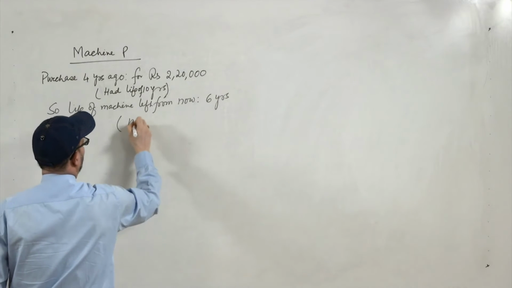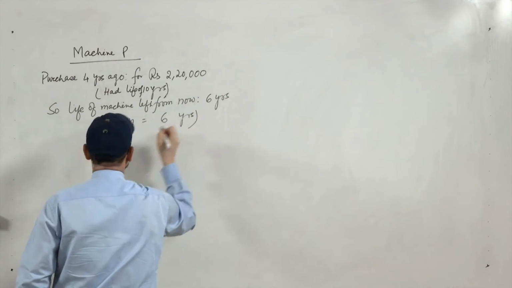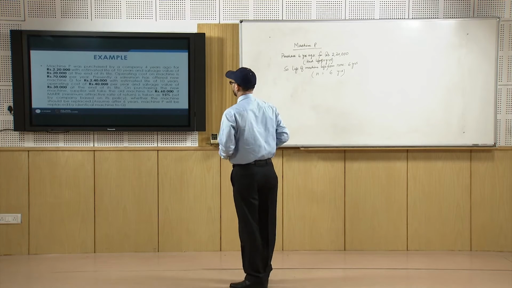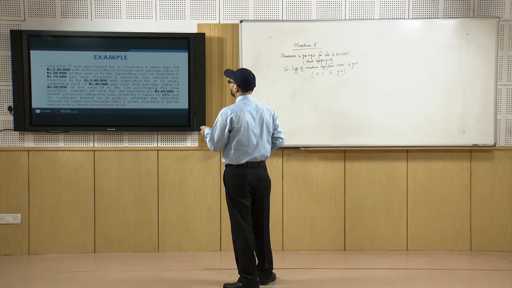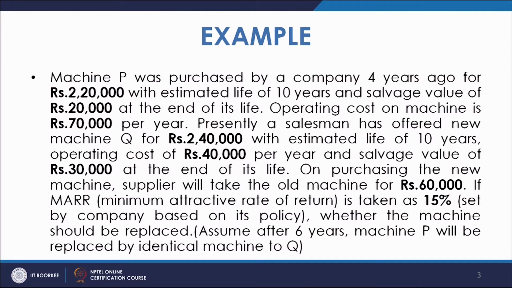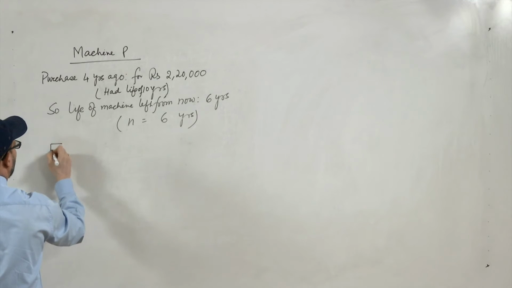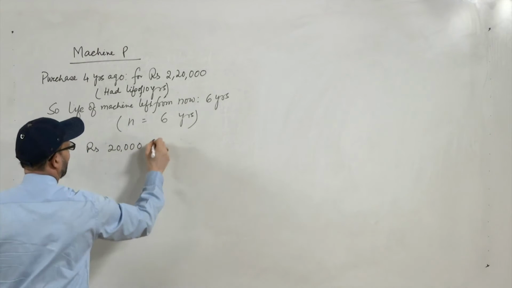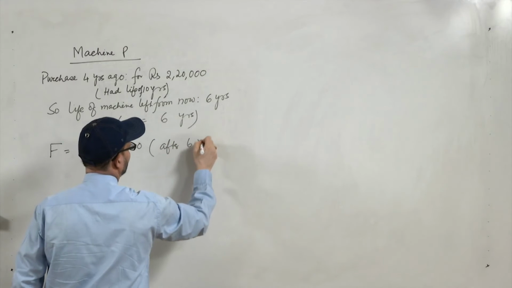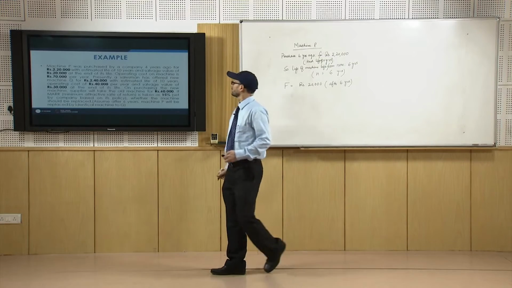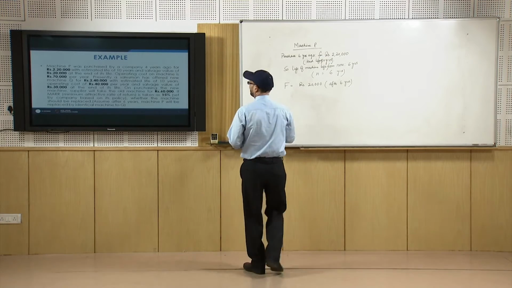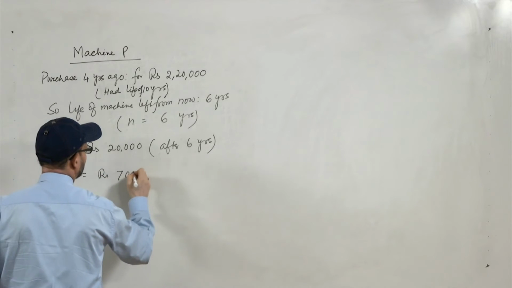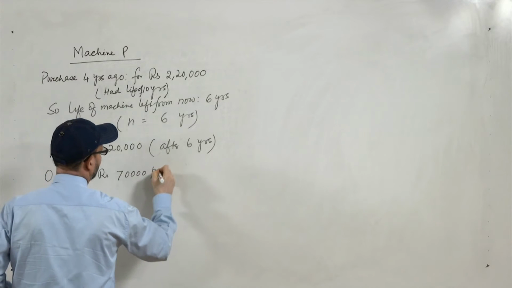In this case your n will be 6 years, because we are to study the future. Its future life is only 6 years. The estimated salvage value is rupees 20,000 after 6 years. The operating and maintenance cost is rupees 70,000 per year.